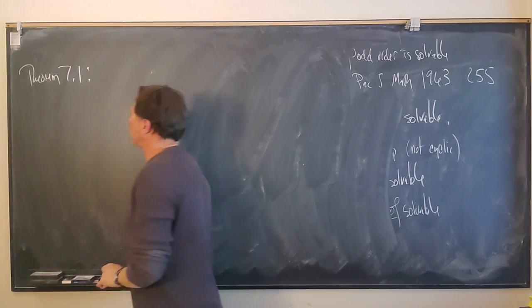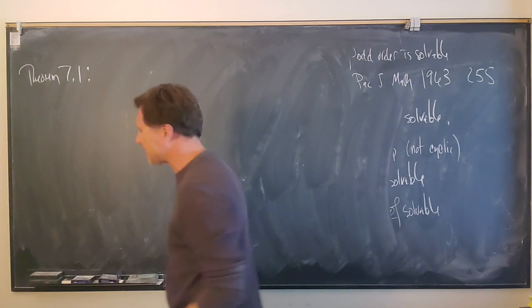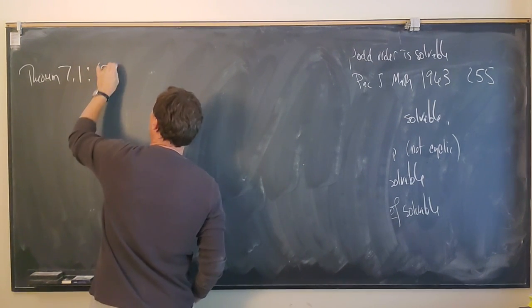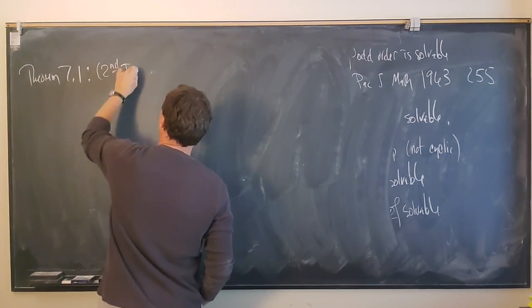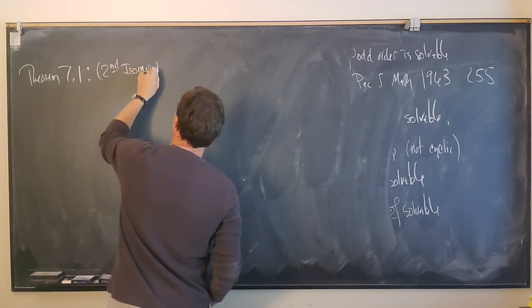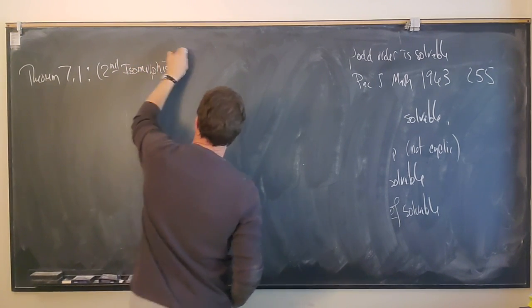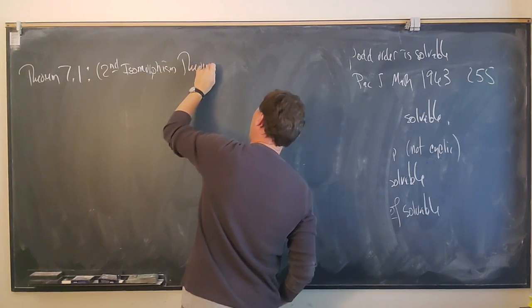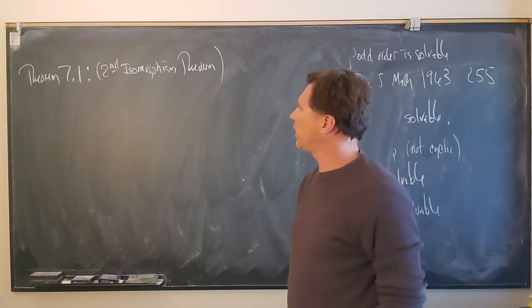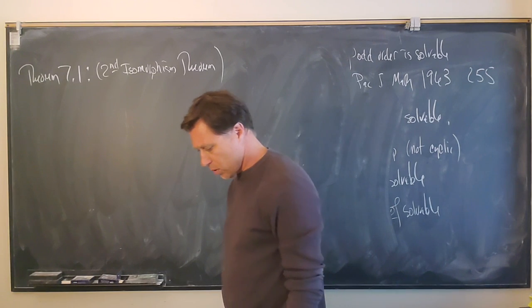A couple of facts that we'll need. Theorem 7.1 is usually called the second isomorphism theorem. I don't think I had you prove this one in Math 481.